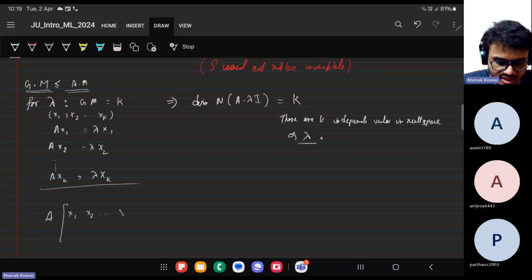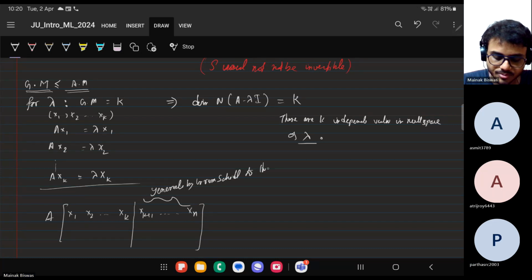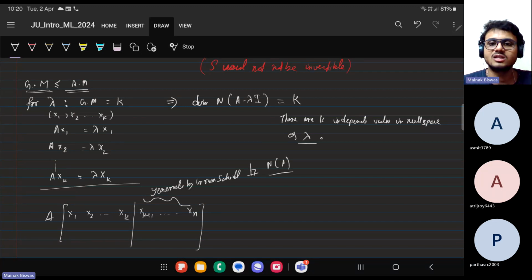So now you tell me, can I write also this? x1, x2, dot, xk, and from xk plus 1 to xn generated by Gram-Schmidt, perpendicular to the null space. Then they are not in the null space.